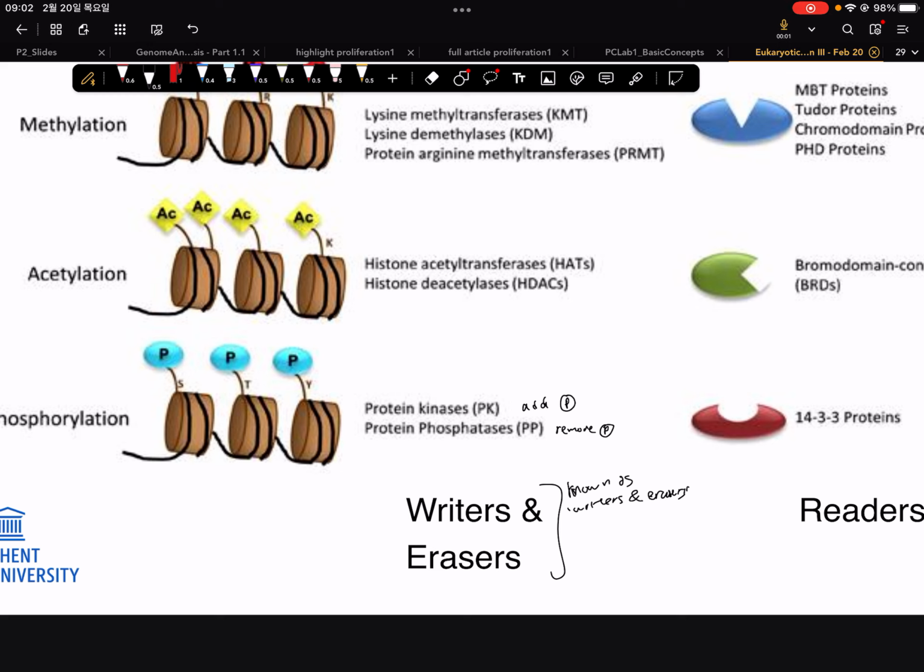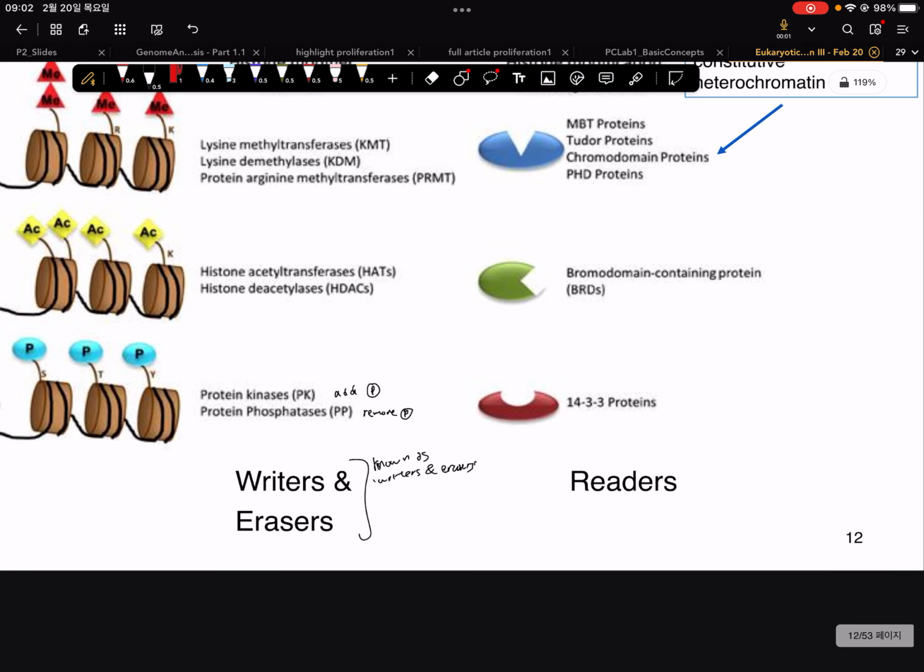They will specifically bind to specific regions of the genome where there is a lot of acetylation, for example. And those proteins have a domain that interacts with those acetyl groups, for example, like the bromodomain that interacts with acylated histones. So bromodomain-containing proteins are specifically binding to acylated histones.